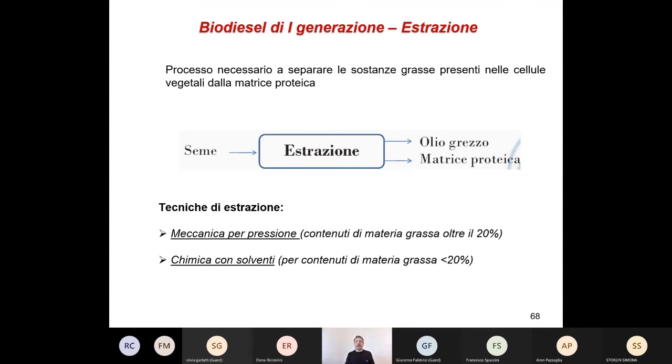But for example, for the biomass definition, you cannot use chemical solvents. So the only way to maintain the biomass definition of vegetable oil is to work with a mechanic physical process. Sorry.